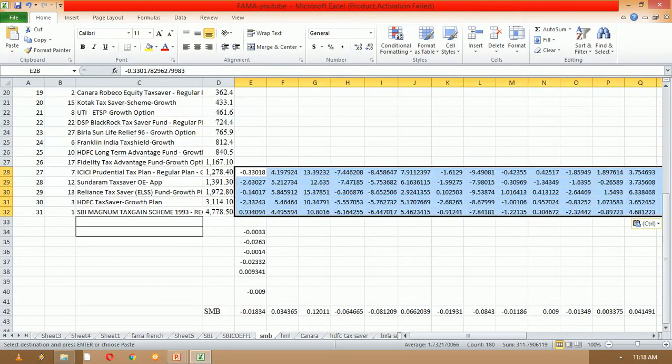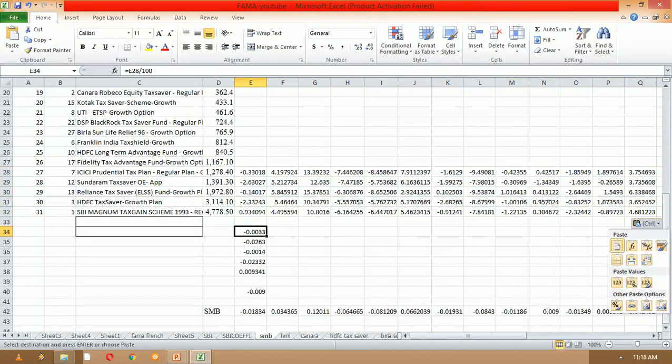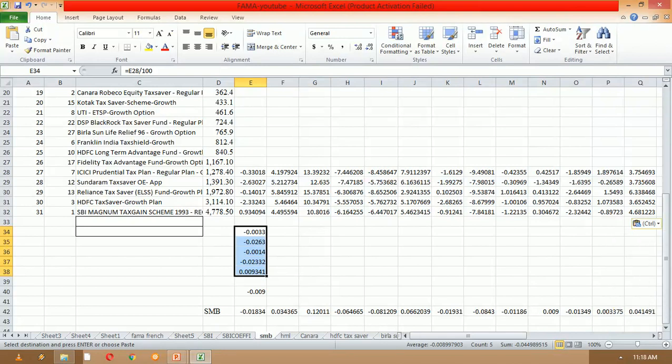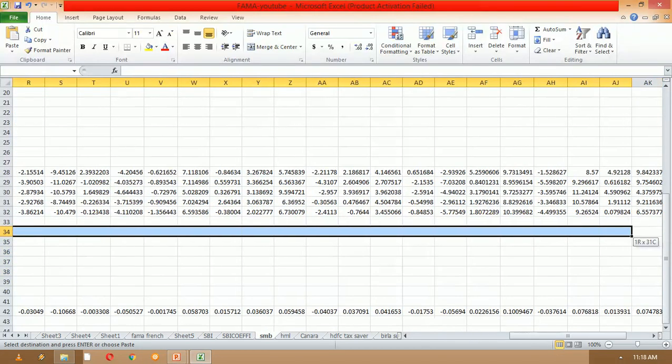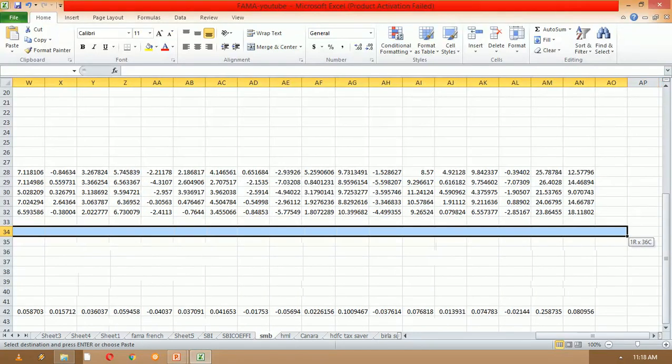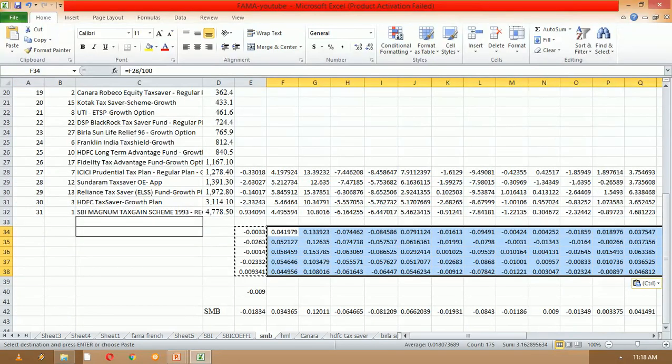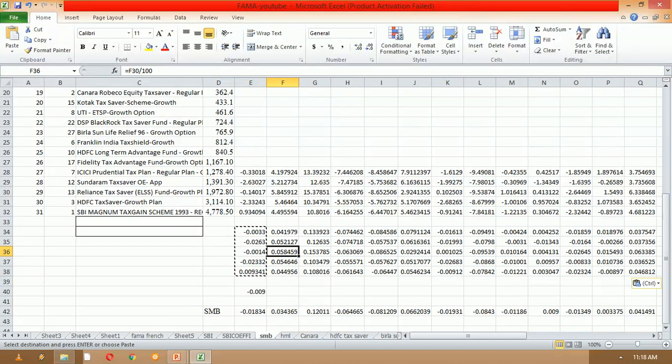Right, so same thing, we have to convert this into values. Now copy and paste it to others. And again we have to calculate the average of this.